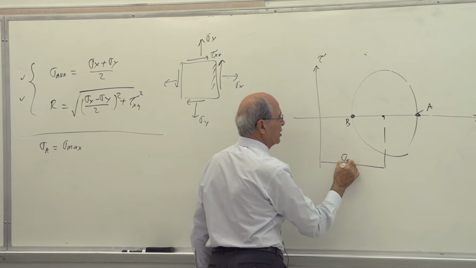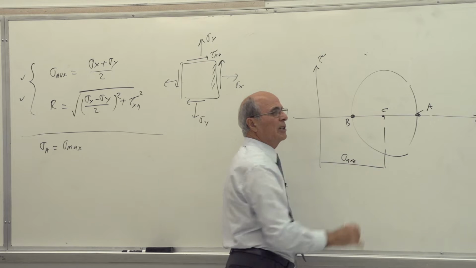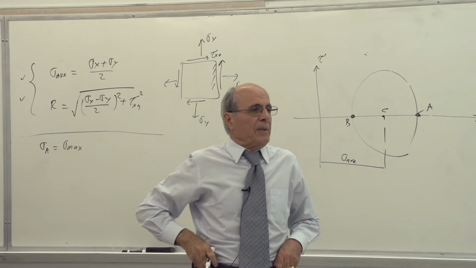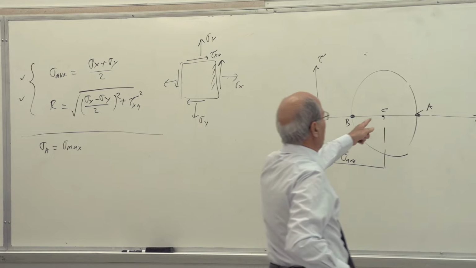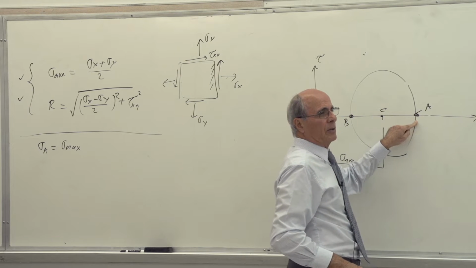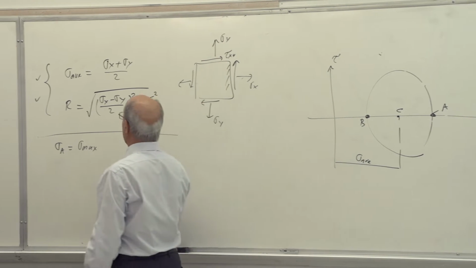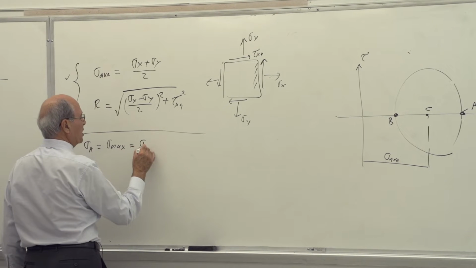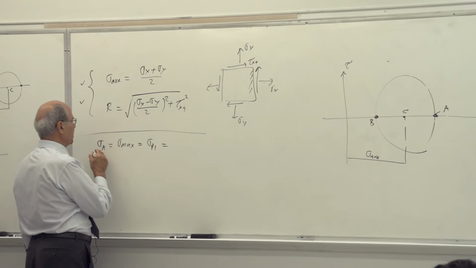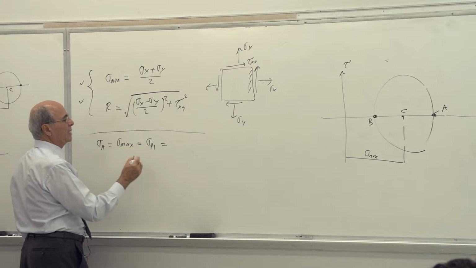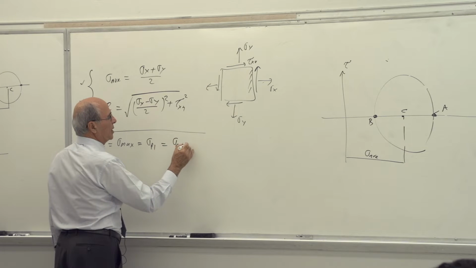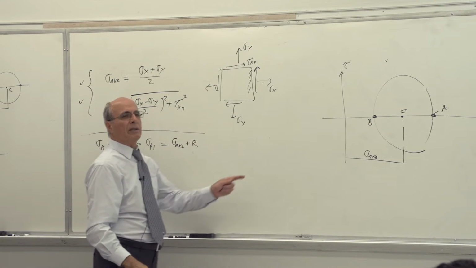This is sigma average, yes or no? Because the center of the circle was at sigma average plus what? Plus R, yes or no? So sigma principal 1 or sigma max, or you can call it sigma principal 1 for the future. Here in this book, we only call it A or max, and it becomes sigma average plus R. Is that correct or not?